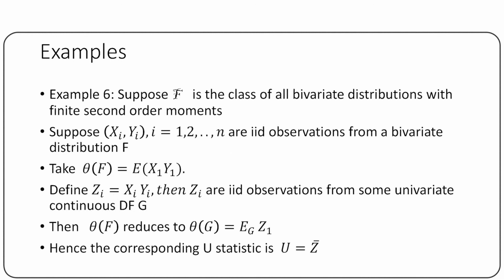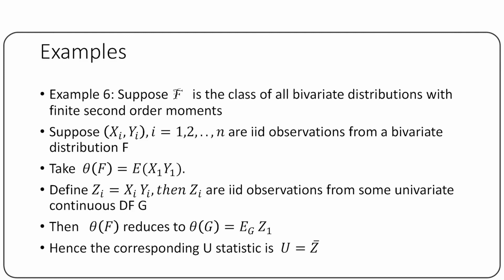For the next example, assume that observations come in pairs from some bivariate distribution. The objective is to find U statistics for the estimation of the expected value of xy. The idea is very simple. Define a new variable z as xy.